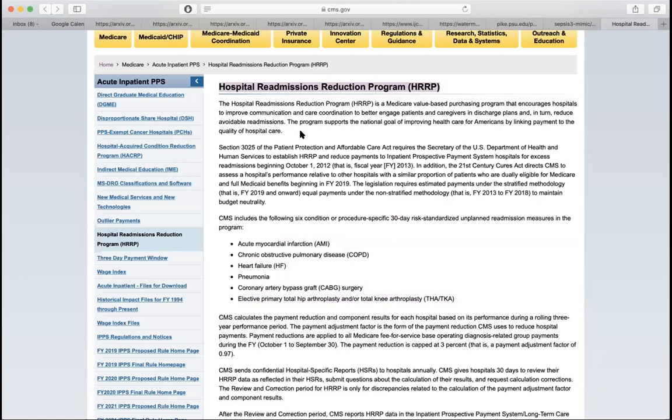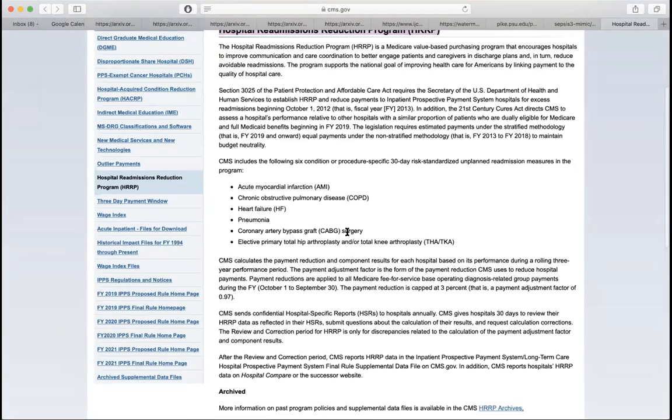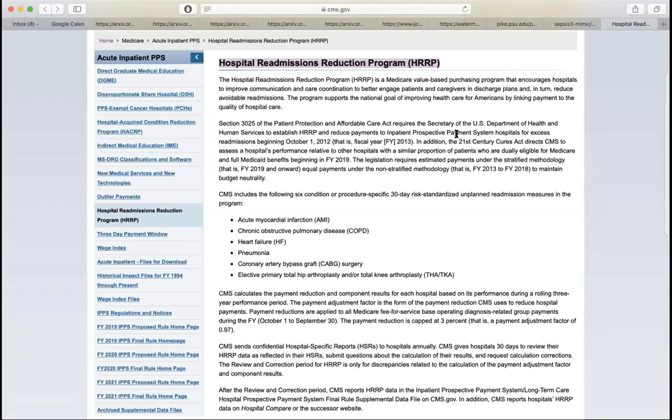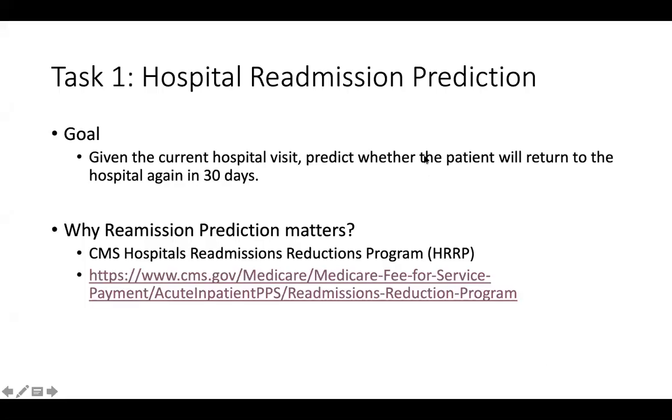This was implemented back in 2012, if I'm correct. Yes, here. So this program began in October 2012. It's still ongoing, so it's been 8 or 9 years. Because of this, properly discharging the patient so that they don't end up back in the hospital within 30 days has become a very important thing for hospitals in the United States.